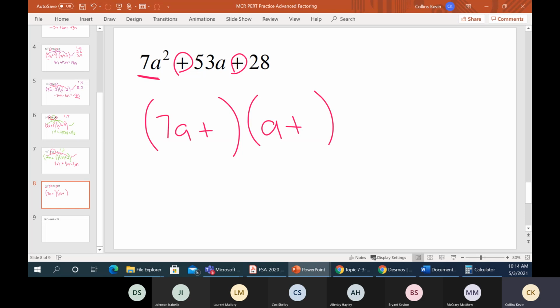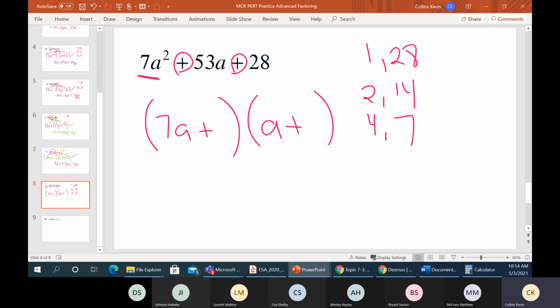All right, so here's our possibilities. We've got 1 and 28. We got 2 and 14. And we got 4 and 7. Okay. So even with a number that big, I would still probably stick to trying the ones that are closest together first.